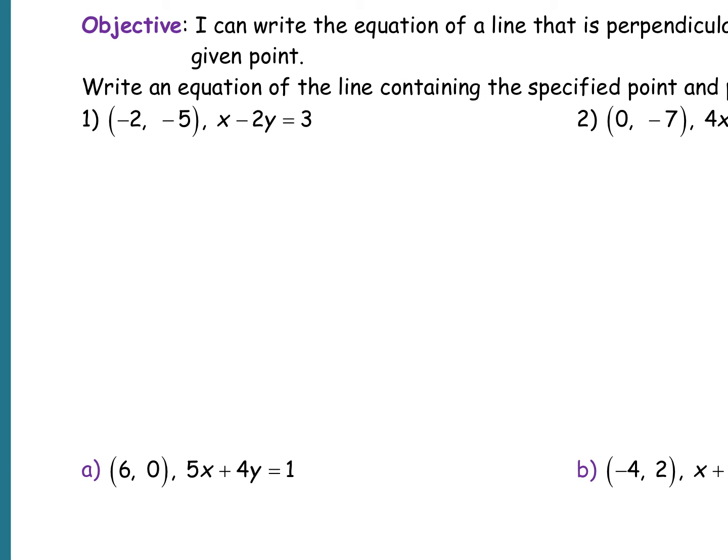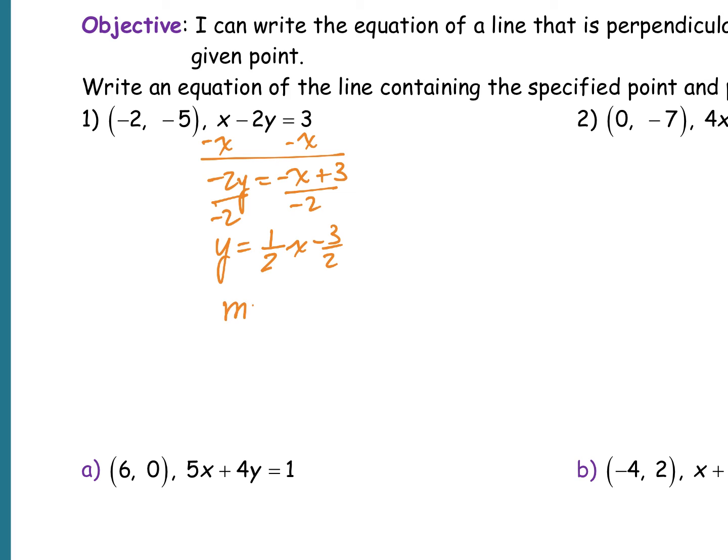So I need to solve for y, right? Subtract x. You guys all know how to find the slope of the line. We've only done it a bazillion times today, right? Divide by -2. So y equals 1/2 x minus 3/2.